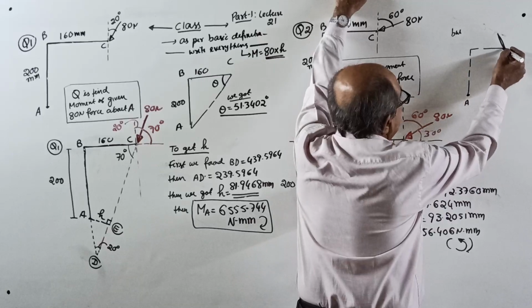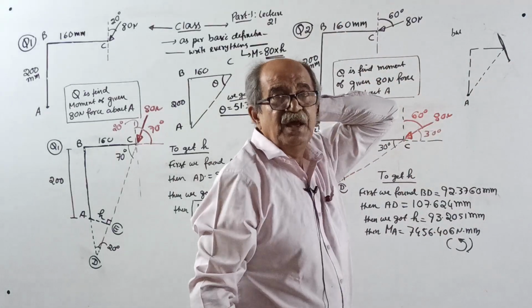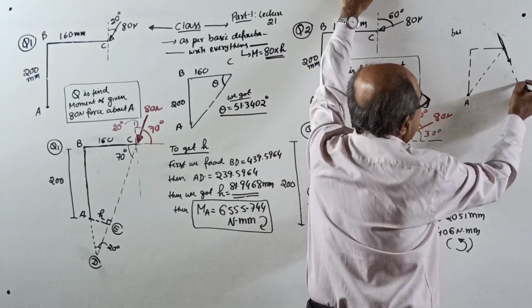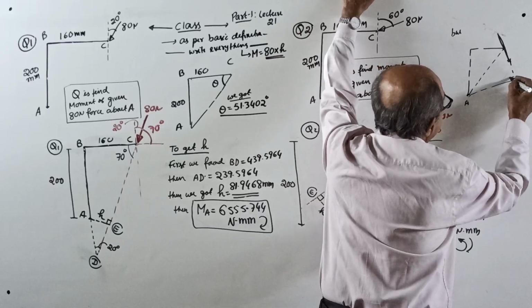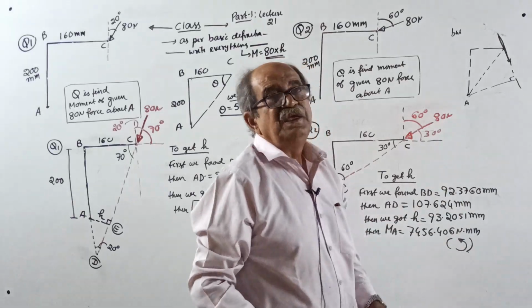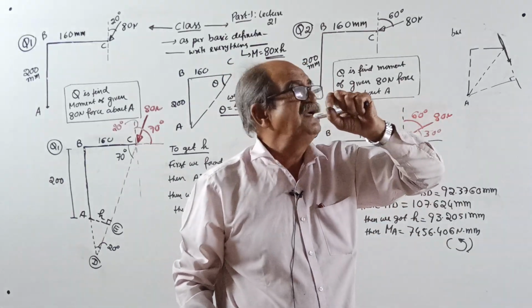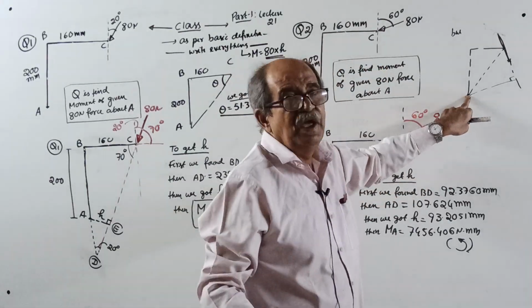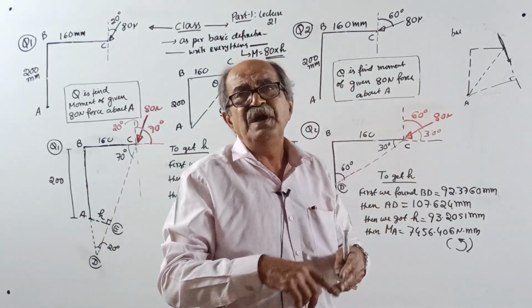If you join it to A, and it is not a horizontal or vertical line, then finding the perpendicular needs some extra calculations. So I told you, if the inclined force cuts a known point in a vertical line passing through A, about which you want moment, or a horizontal line passing through A, it is very easy.